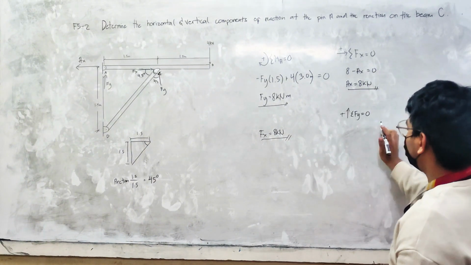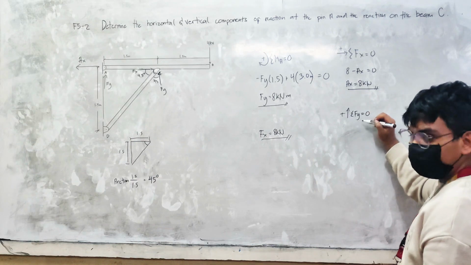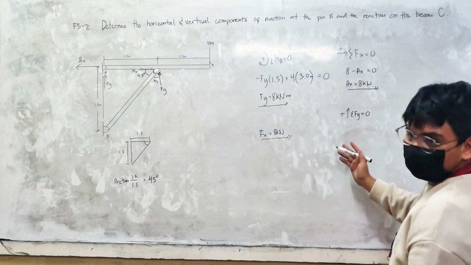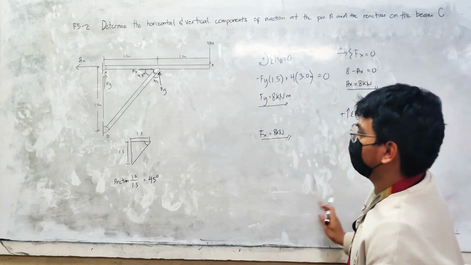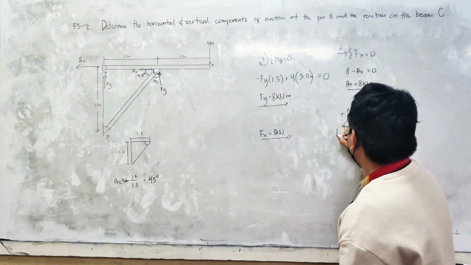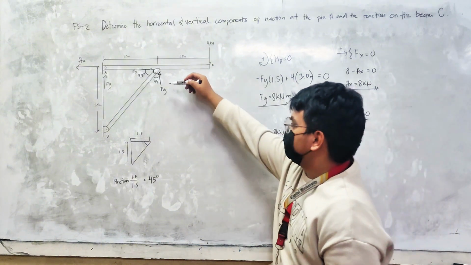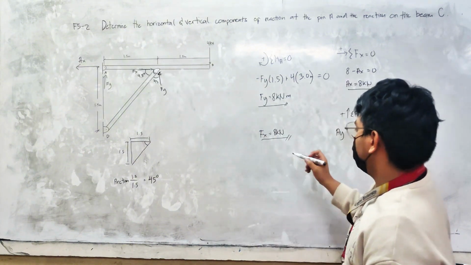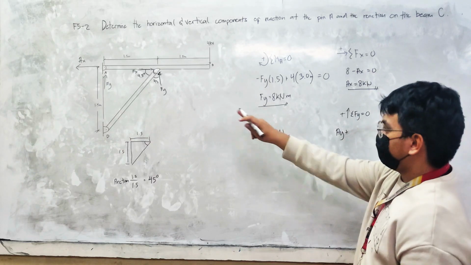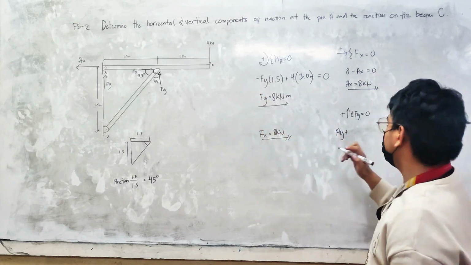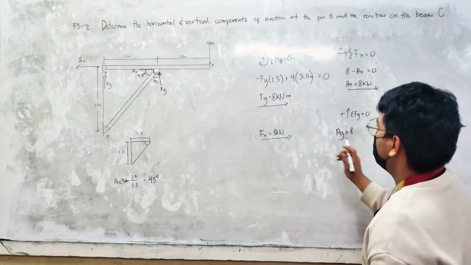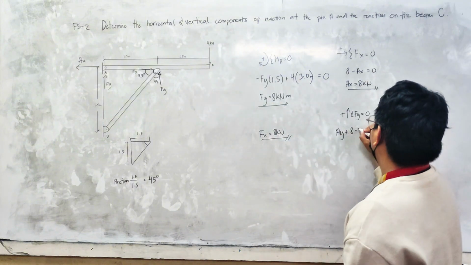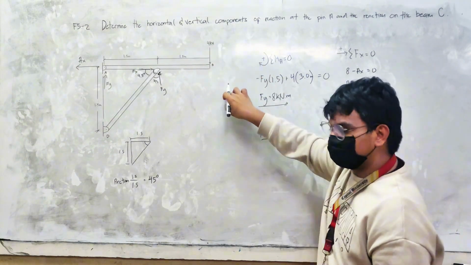Next, summation of Fy. We are assuming that everything that goes up is positive. So we have here our Ay, positive Ay. Since Fy is going up, we have positive Fy, which is equivalent to 8, minus 4 because it is going down.